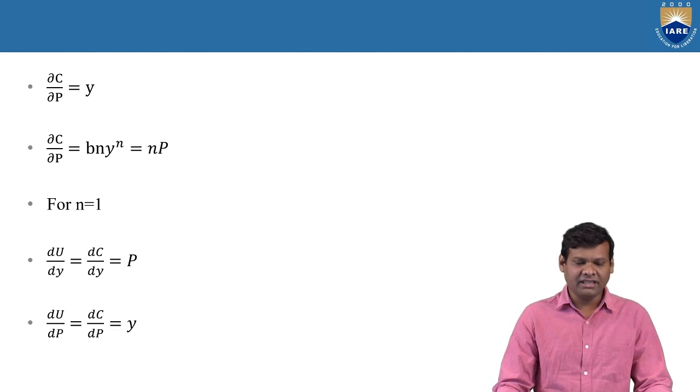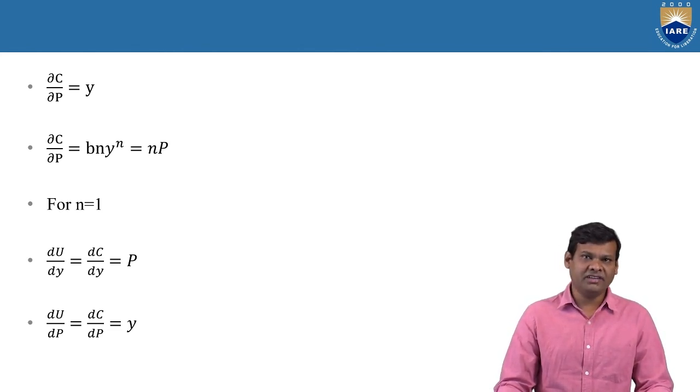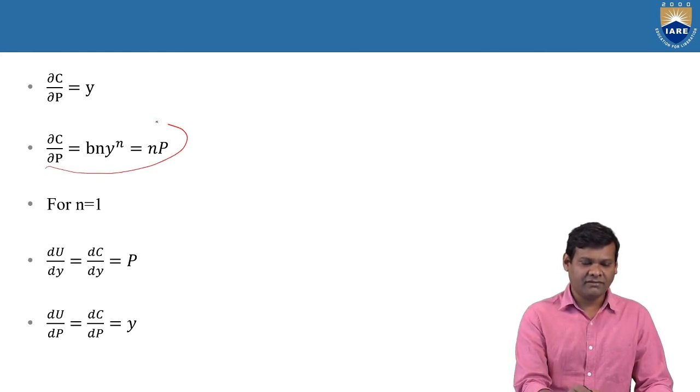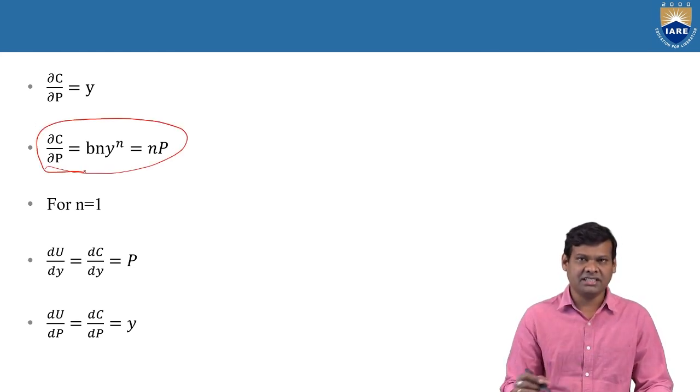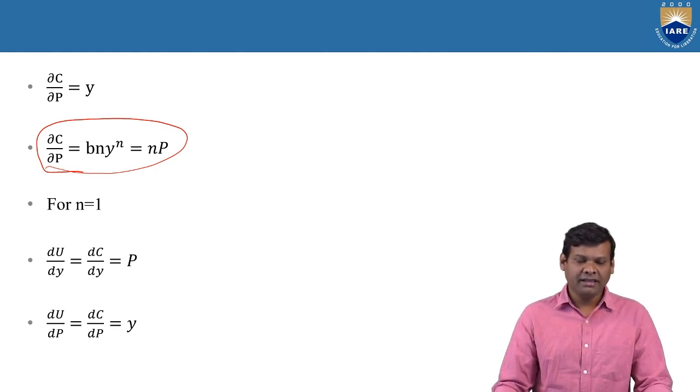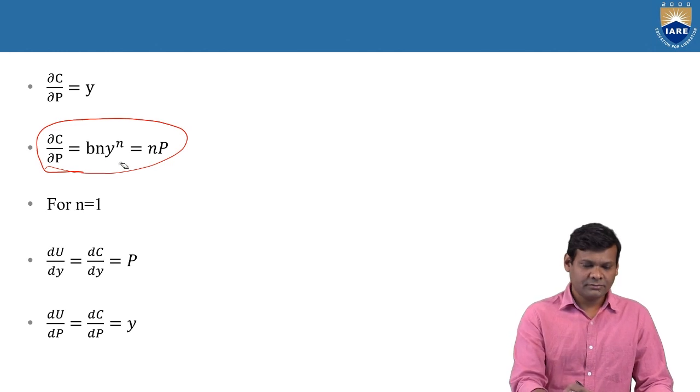Finally, when we partially differentiate the complementary energy with respect to load, what we get is the deflection Y. And when we differentiate for a nonlinear system, we get the following relation: dou C by dou P equal to B n Y to the power of n, equal to n times the load.